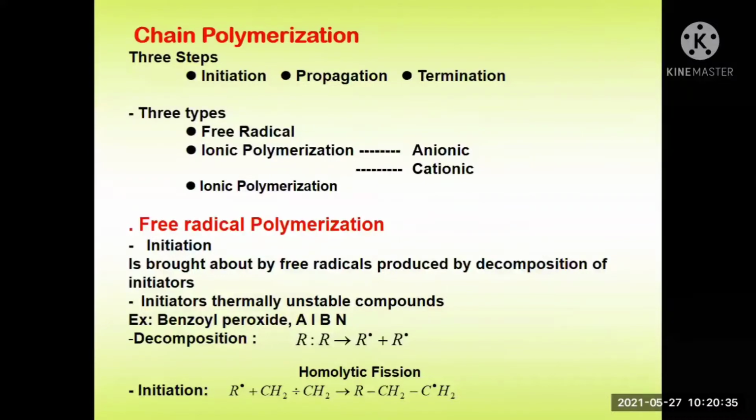Free radical generators are unstable compounds which decompose at high temperature and pressure to produce free radical intermediate. Now I will go to the board to discuss this mechanism, then I will come back to the PowerPoint.